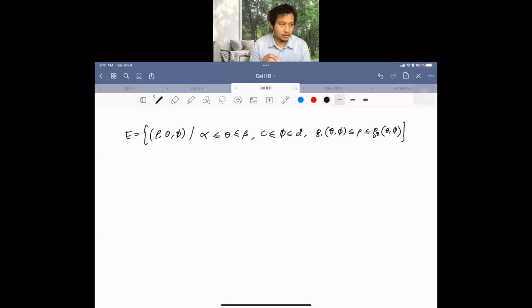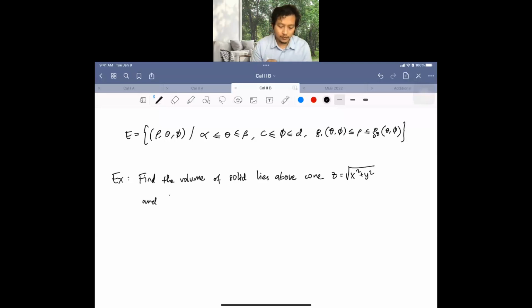Okay, for example, we could also look at this example. Find the volume of the solid that lies above the cone z equals square root of x squared plus y squared, and below the sphere x squared plus y squared plus z squared equals z.